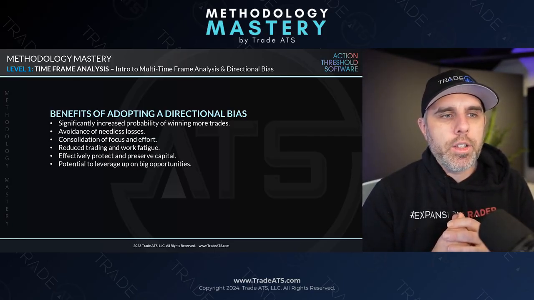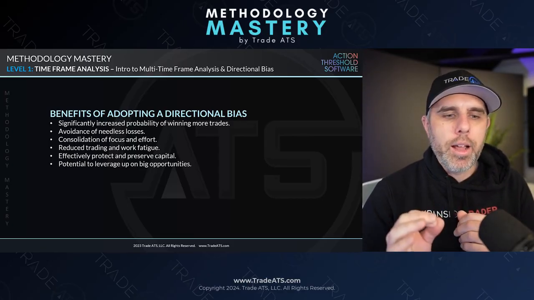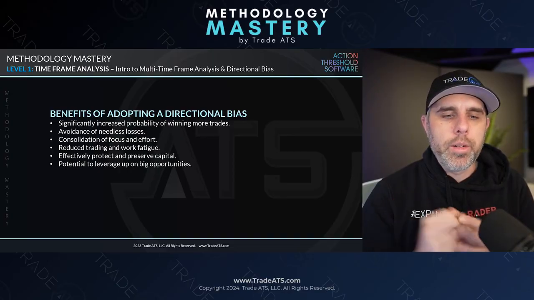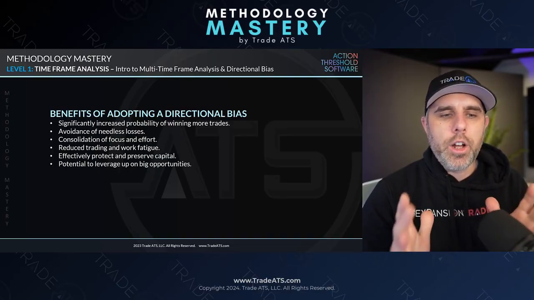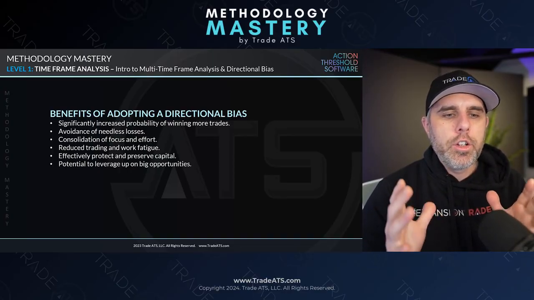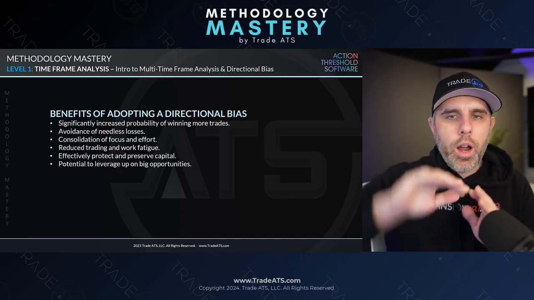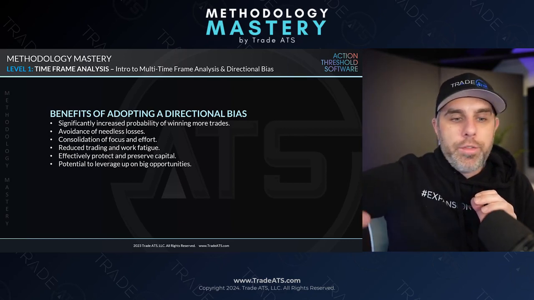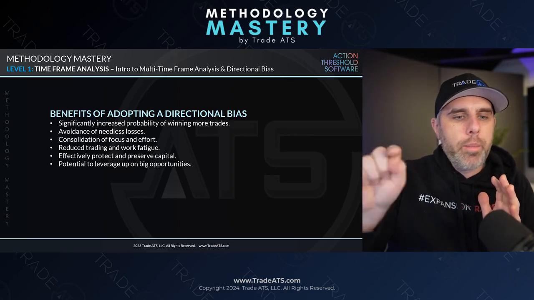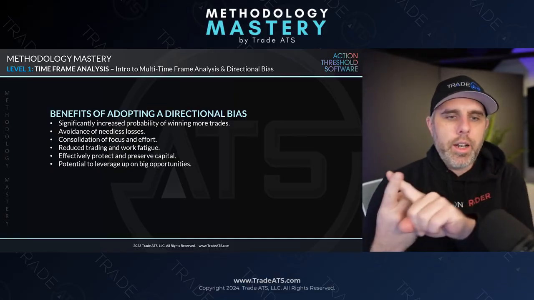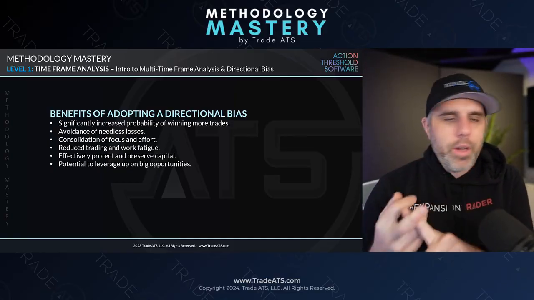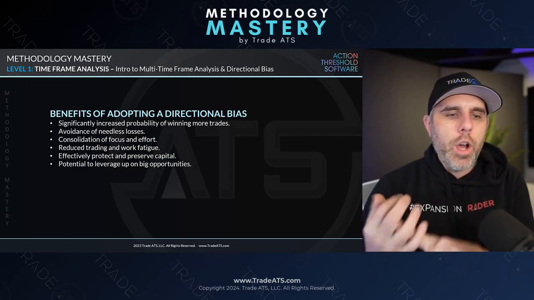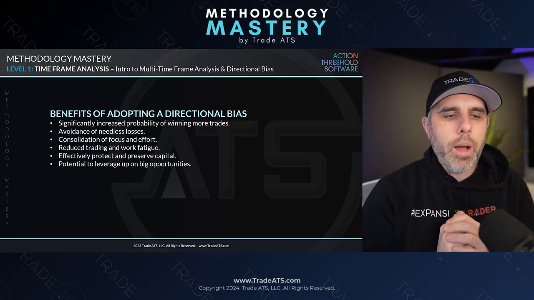You're also going to get consolidation of focus and effort. If you are following a directional bias and the directional bias is, let's say, short, your entire job is being a good short position trader. You are not open to buying the market. It is not on the table for you. So you don't need to worry about pressing the buy button. You don't need to look at any technical analysis for that, set up any indicators for it, or do anything having to do with buying the market.